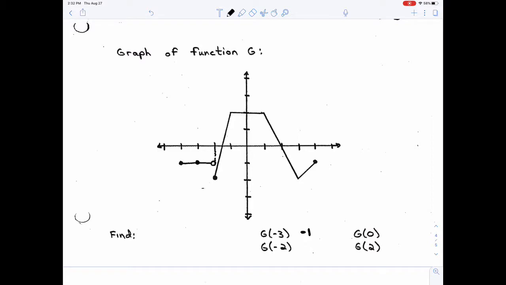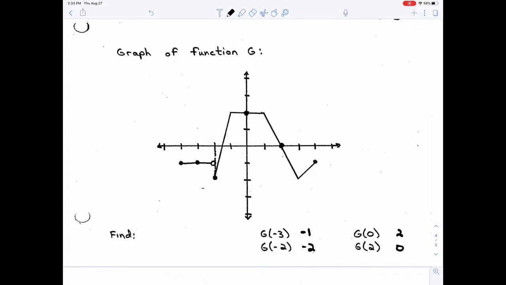That's not a point on the graph, but that is. So it's got a y value of negative 2. Okay, not negative 1 and negative 2, just negative 2. Okay, the g of 0 is there, so it's got a y value of 2, and the g of 2 is there, so it's got a y value of 0.